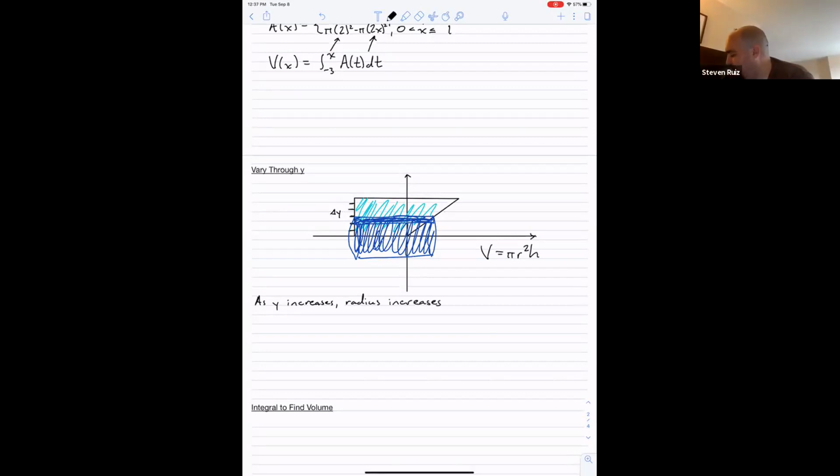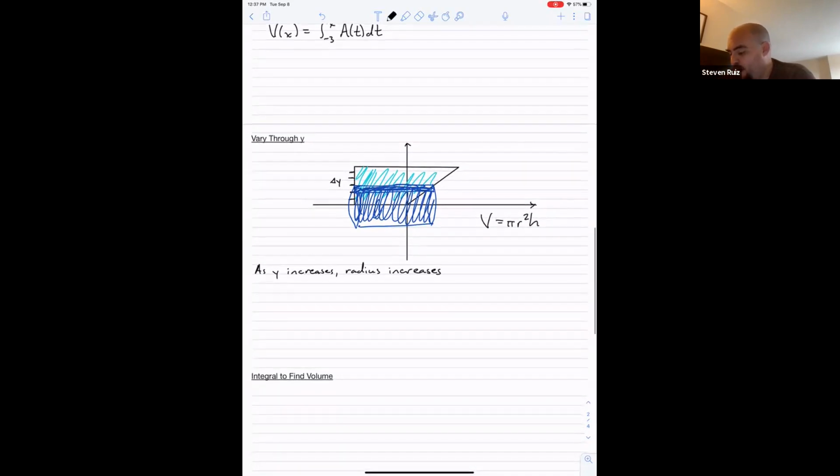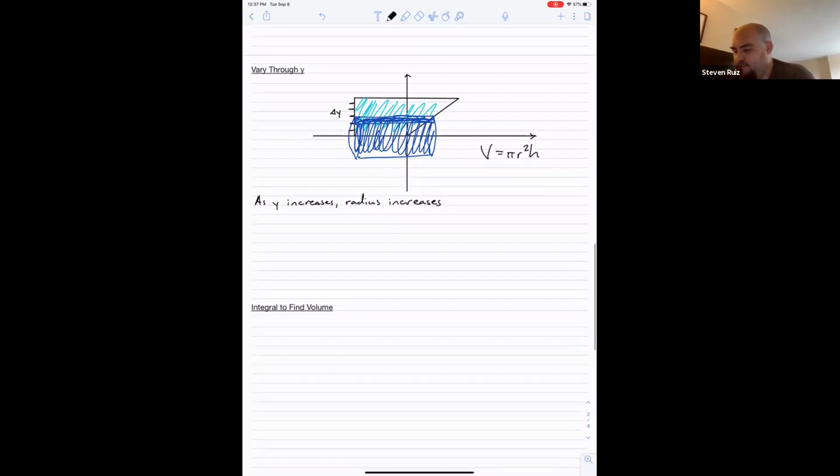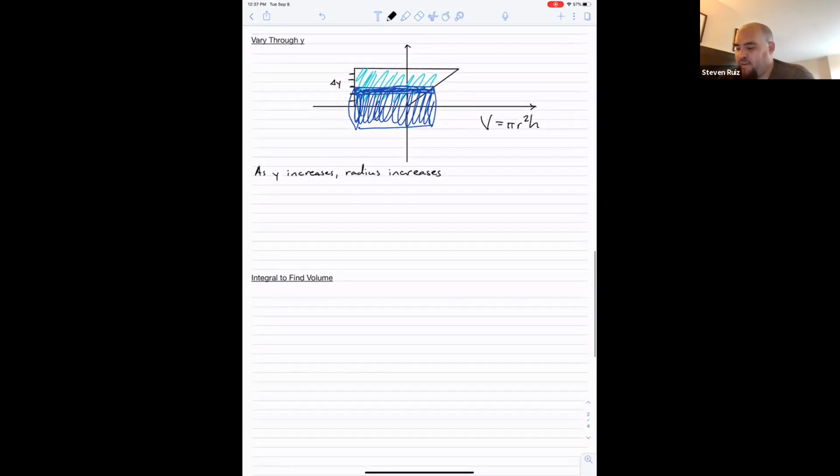All right, from there, now we have to think about what area is increasing as y increases. Remember, when we were varying through x, it was the circular face on the right end of this cylinder. That's not going to be the case here. Now it's going to be this face, which I believe Mark calls the lateral surface. The term I usually use is the curved surface.